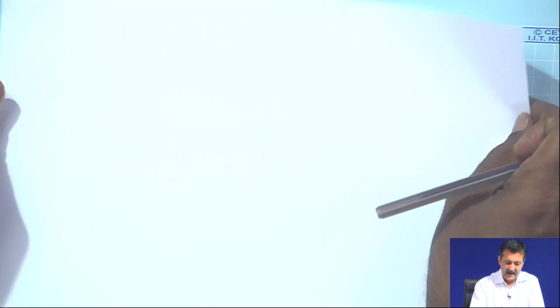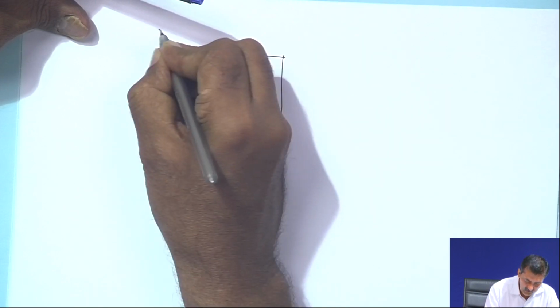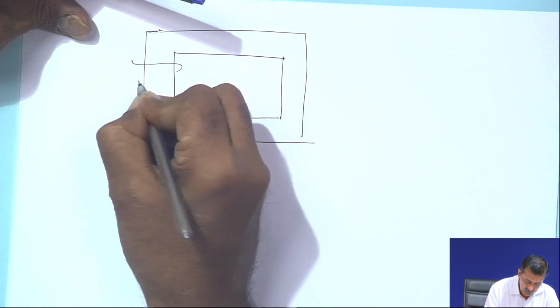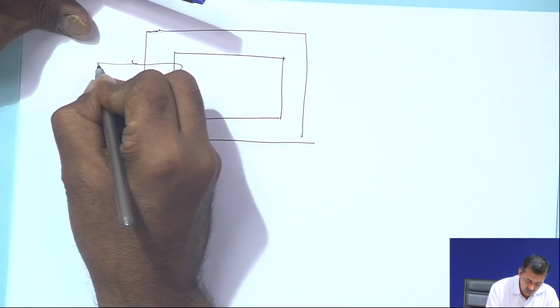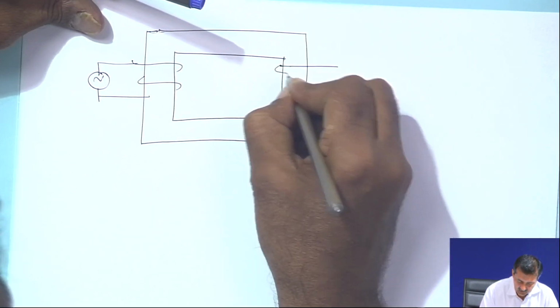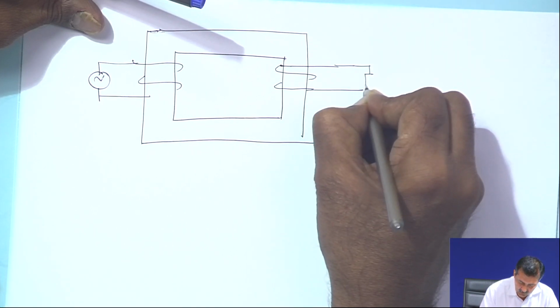Let us again start quickly drawing a transformer, and connect a voltage and then another coil, and connect a load.